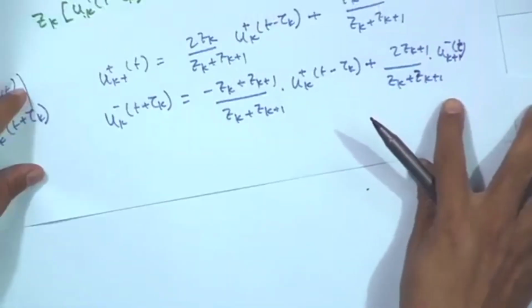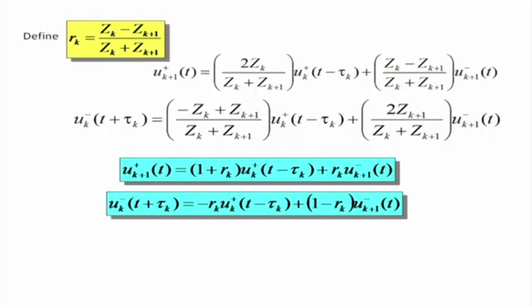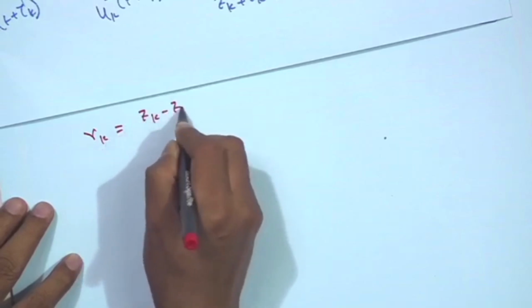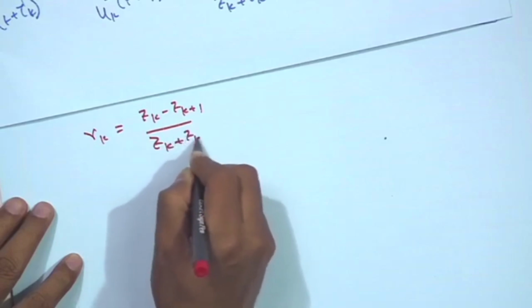Okay. Now, just try to simplify these two equations. So, what I can write is that r k is nothing but z k minus z k plus 1 divided by z k plus z k plus 1.